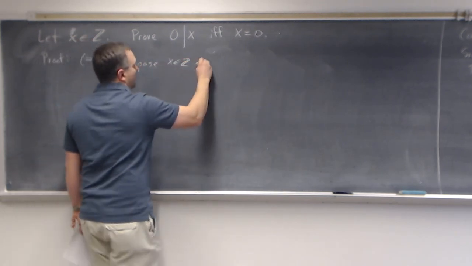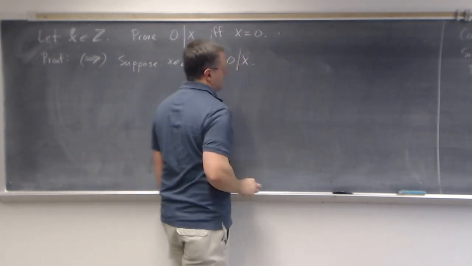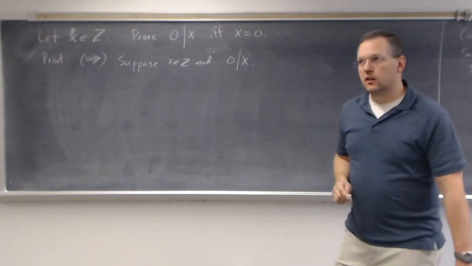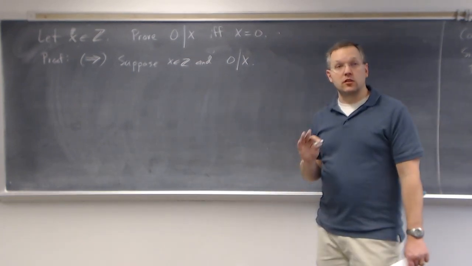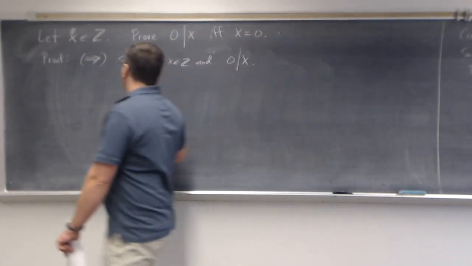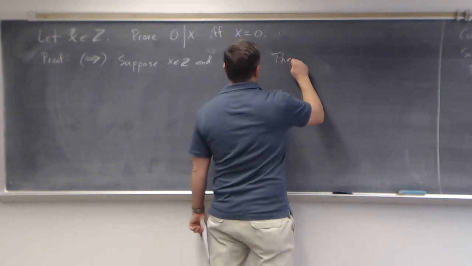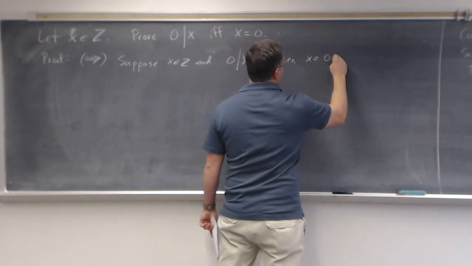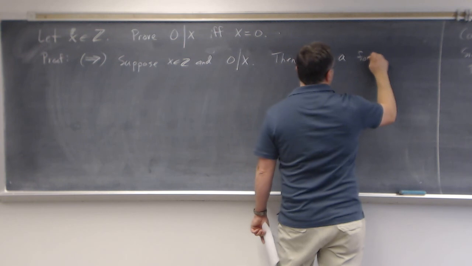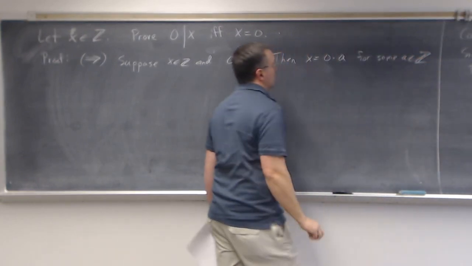So suppose x is an integer and 0 divides x. What is the definition? Just use your definition of division. A divides B means B equals A times an integer. So x equals 0 times a for some integer a.